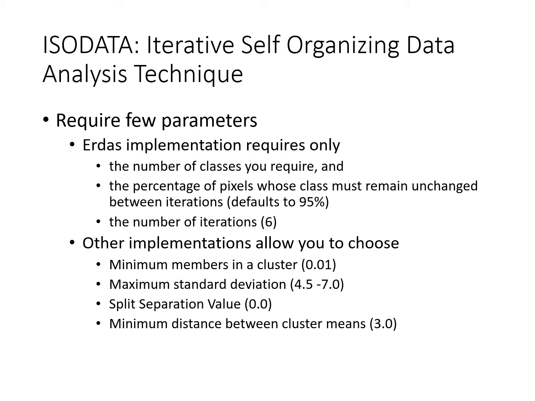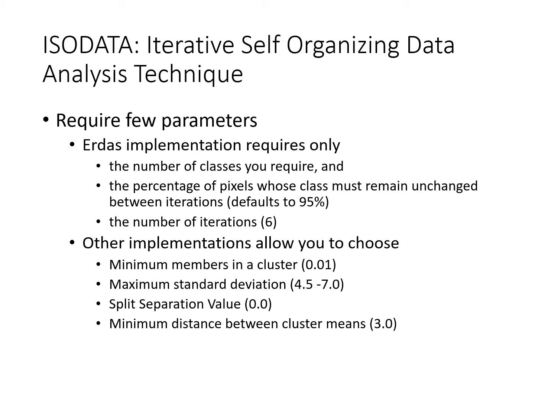So this is, as it says, an iterative technique. It's going to look at the data multiple times. And each subsequent look is going to change the assignment of pixels to clusters or classes.